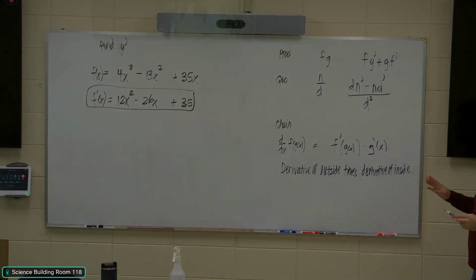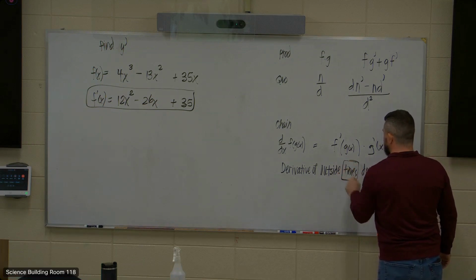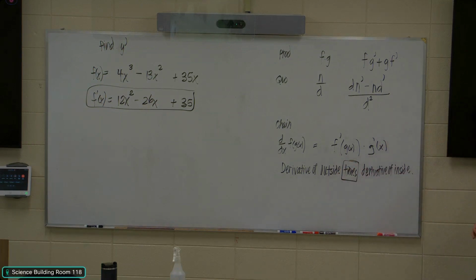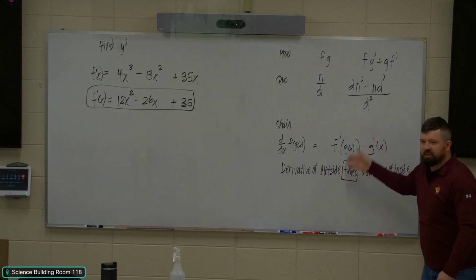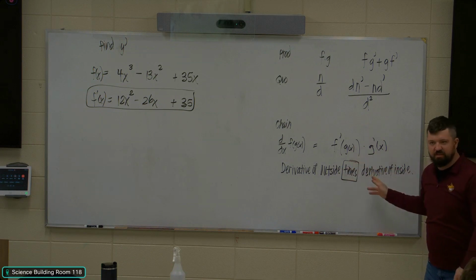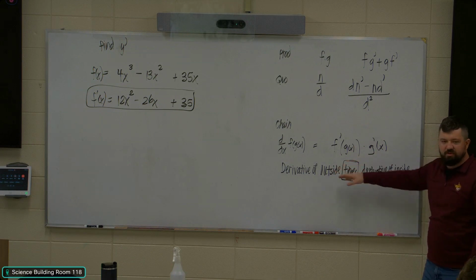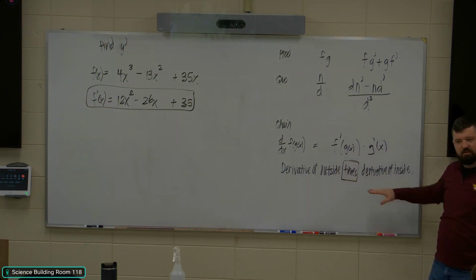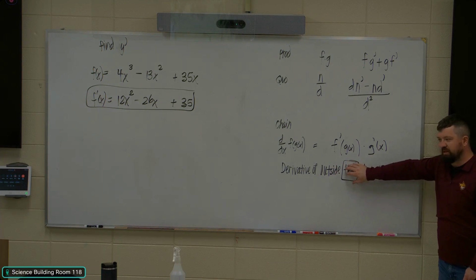That sentence could be better where it says times. It would be better if I said derivative of outside, put your inside back in, and then multiply it by the derivative of the inside. But times, this just flows off the tongue, right? That flows off the tongue better. I just have to know where I say times right there.